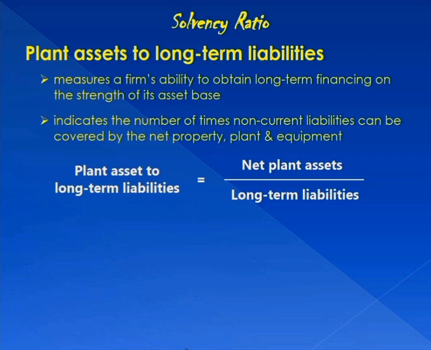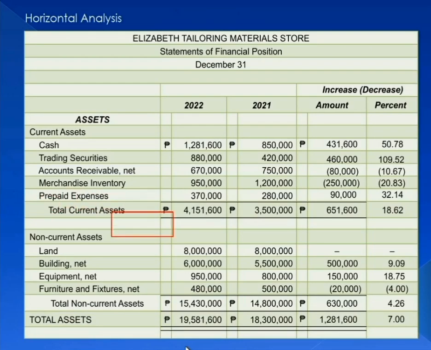The entity which is the subject of our study has these four types of plant assets with total net amount of 15,430,000. It is necessary for me to point out that I box these property, plant, and equipment accounts, not this description of total non-current assets, to make it very clear that the asset classification property, plant, and equipment is not the same as non-current assets.